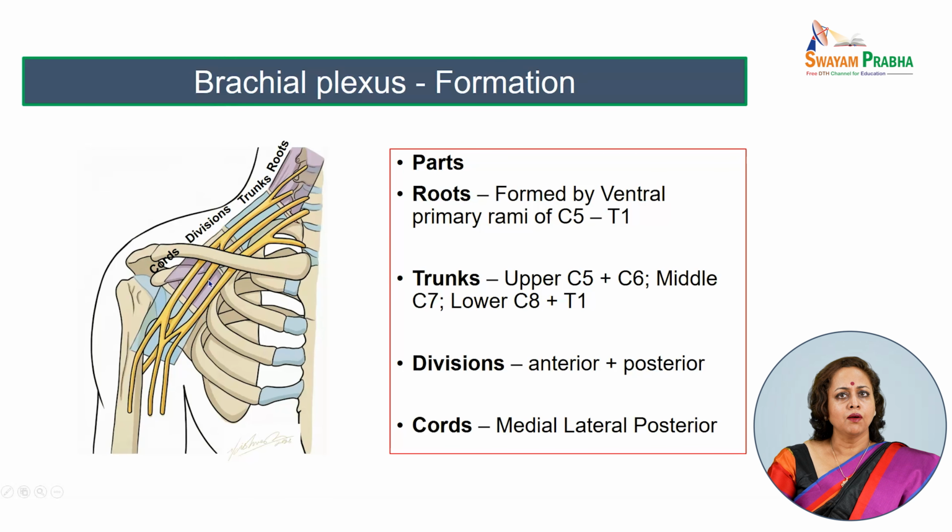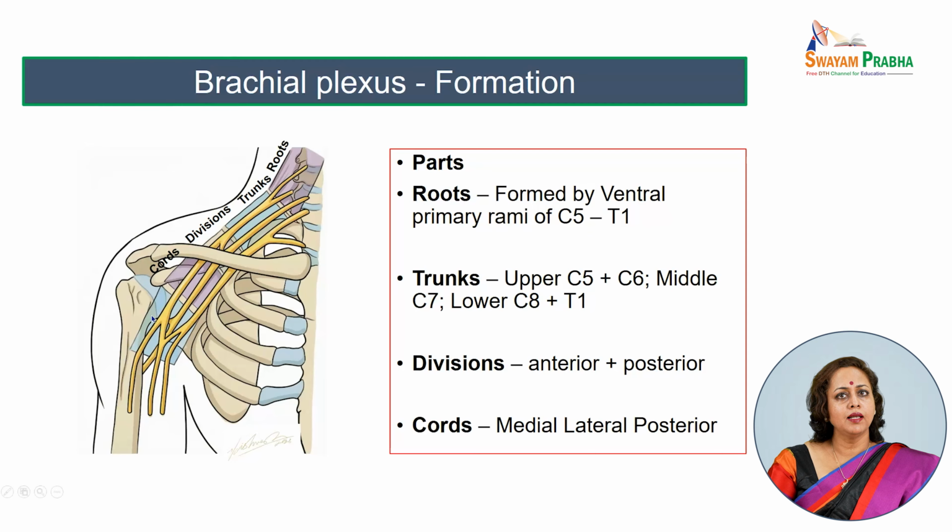The posterior divisions of all three trunks are going to form the posterior cord, and the other anterior divisions will go to form the lateral cord and medial cord. How are these cords named? They are named in relation to the axillary artery.